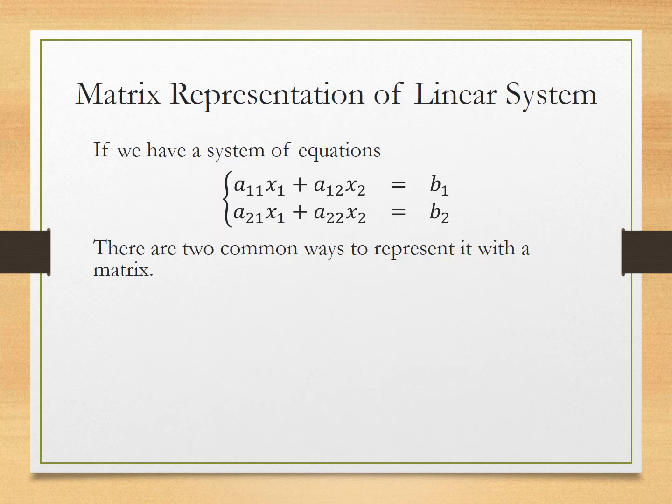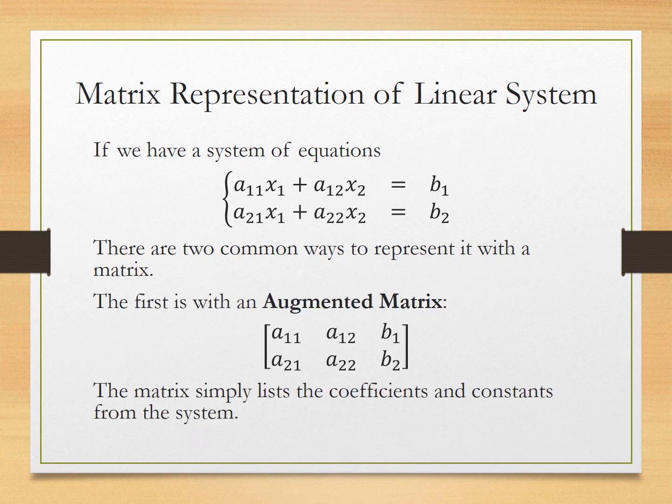How does a matrix help us with equations? There are two common ways to represent a system of equations with a matrix. The first one is an augmented matrix, which is simply putting all the coefficients into the matrix in the exact same order they appear in the system.